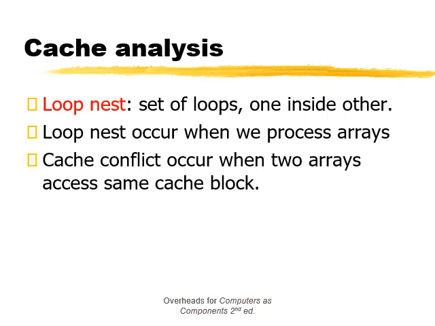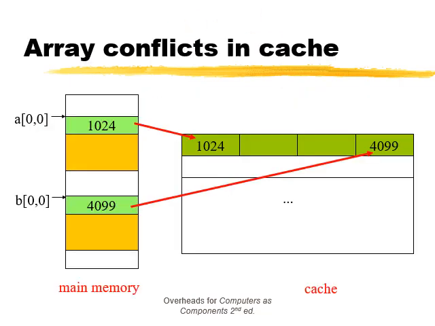Now let's move on to the next slide. This slide represents array conflict in cache. As I've told you, cache conflict can occur when two arrays try to access the same cache block.